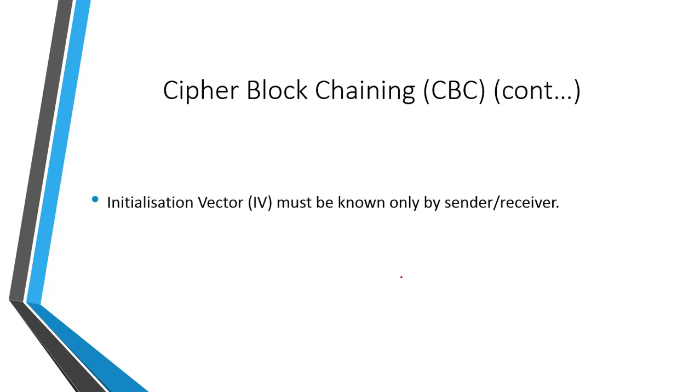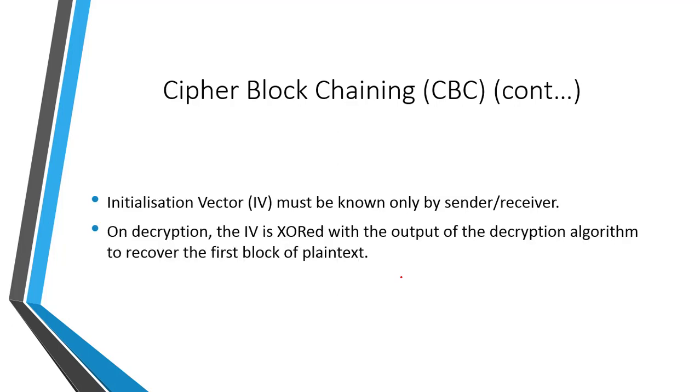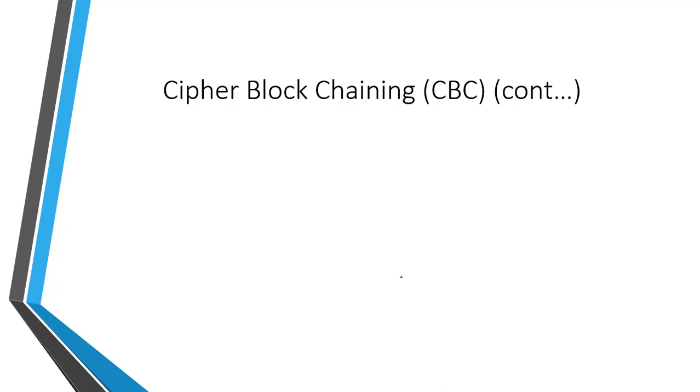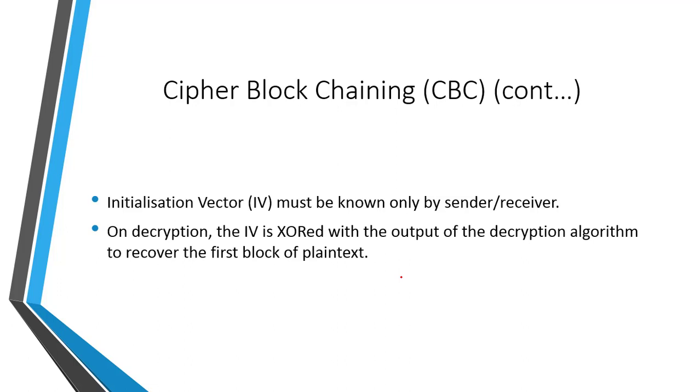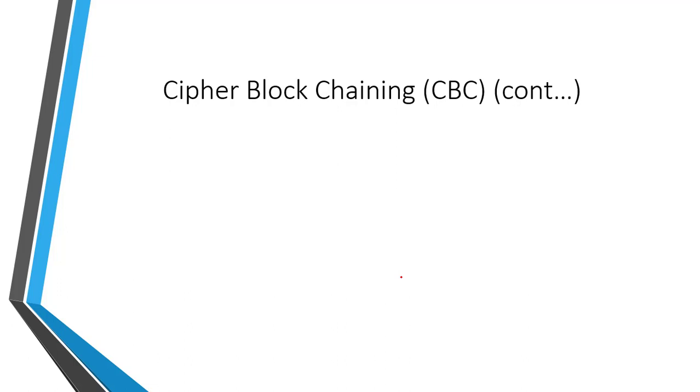Next, the initialization vector must be known only by the sender and receiver. On the decryption side, the initialization vector is XOR with the output of the decryption algorithm to recover the first block of the plaintext.